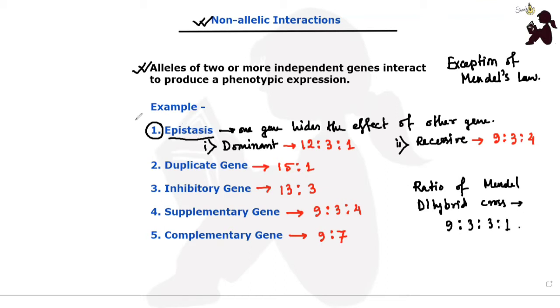All of these terms don't follow this phenotypic ratio, and they show different kinds of phenotypic ratio like 12:3:1, 9:3:4, and so on. So this is all about the non-allelic interactions.